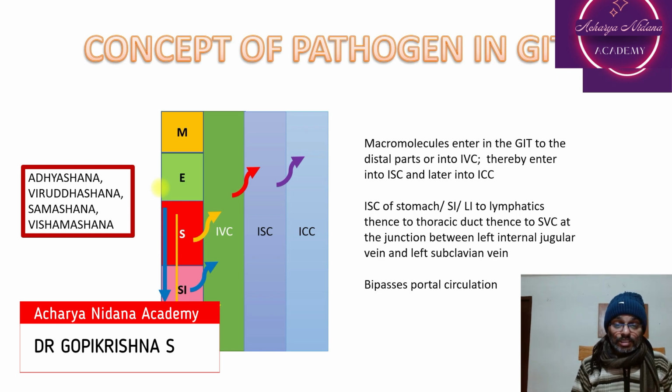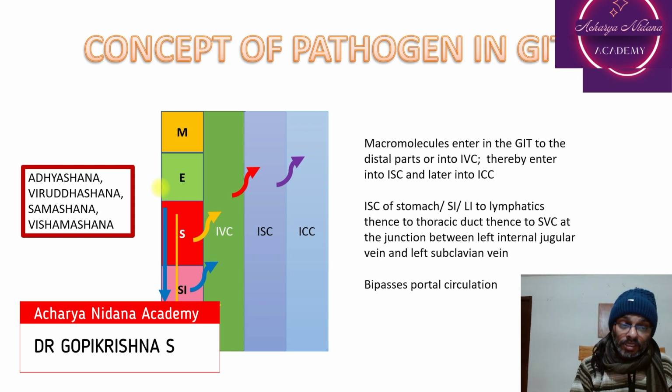When this inflammation is happening, macromolecules are present in the large intestine, causing large intestine mucosal damage. Macromolecules enter from the large intestine into the interstitial compartment of the large intestine. From there they enter into the lymphatics, then the thoracic duct, then the superior vena cava, then into the general circulation.